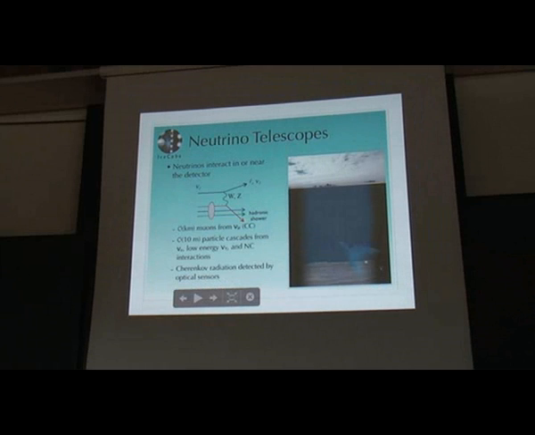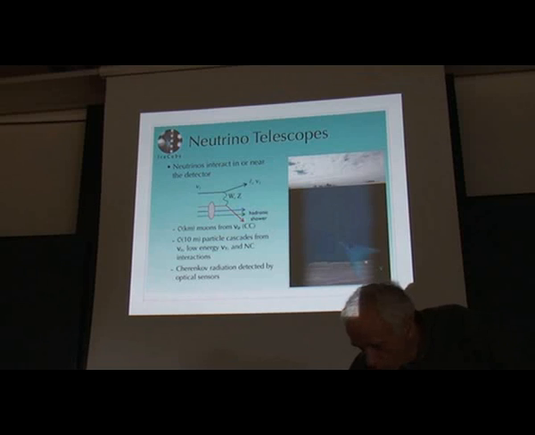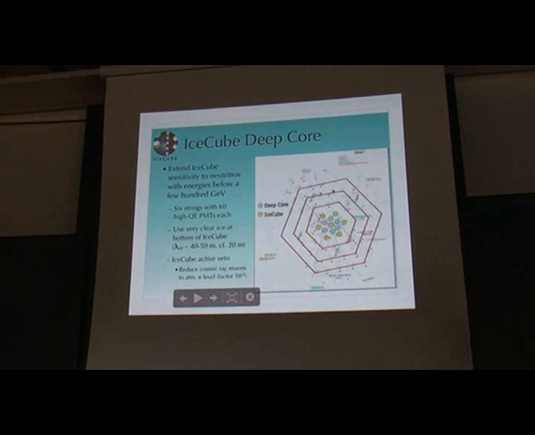And so the idea is that the neutrino interacts with the proton and then makes a lepton and the neutrino. And the lepton, in the case of a mu neutrino, the muon, is traveling relativistically at a speed which is faster than the phase speed of light in ice, so you produce Cherenkov radiation, and the phototubes measure the Cherenkov light, and you get a good angular resolution of less than a degree.